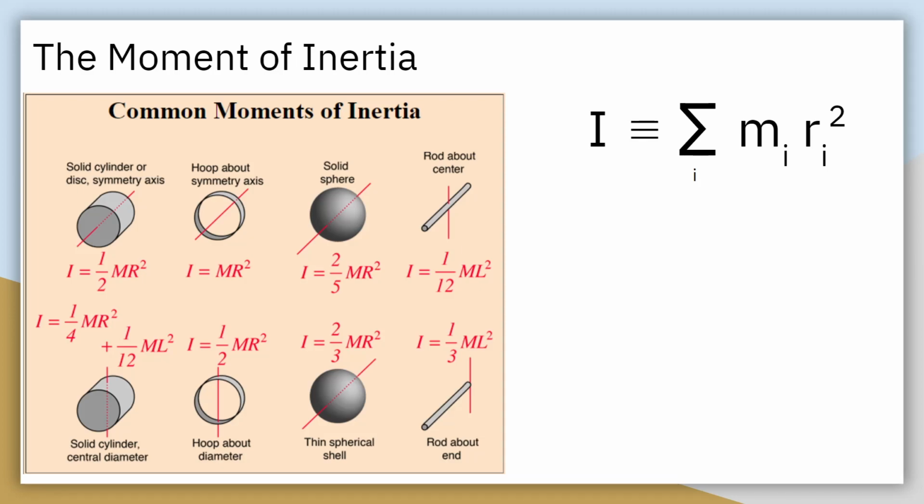Some very common shapes are cylinders or discs and hoops, because these are basically wheels, things that roll. We have solid and thin or hollow spheres, like a ball that rolls. These are going to be some really common shapes that we see when we are analyzing rotational motion and trying to determine moments of inertia for these shapes.